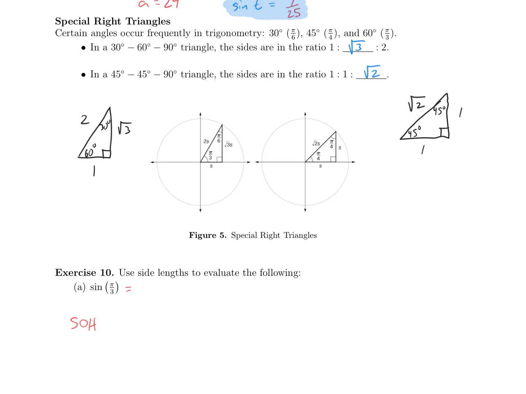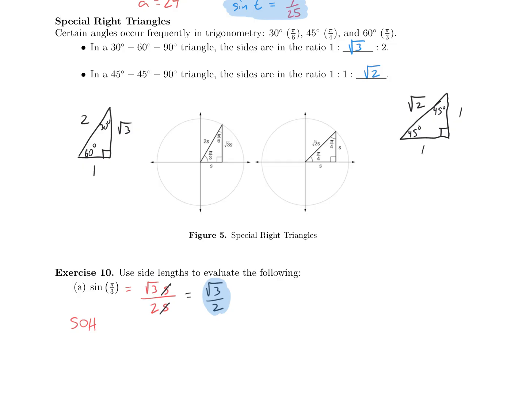So the sine of pi over 3 is going to be the opposite side, which is this side, divided by the hypotenuse, which is this side. So it's square root of 3s over 2s, where s can be any number. Okay, and as you can see, we can cancel out the s's. So the final answer is simply square root of 3 over 2.